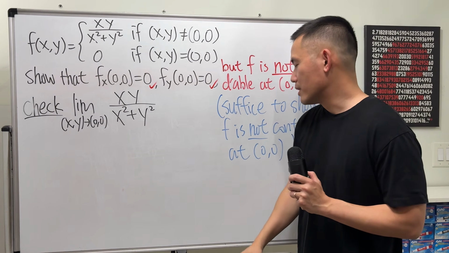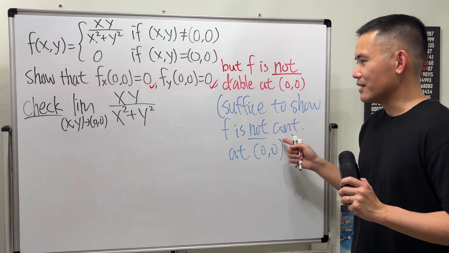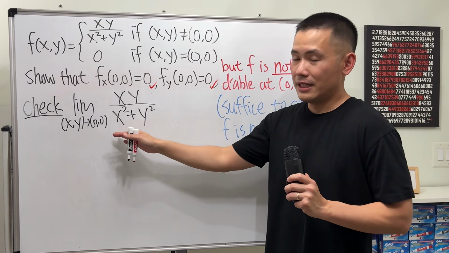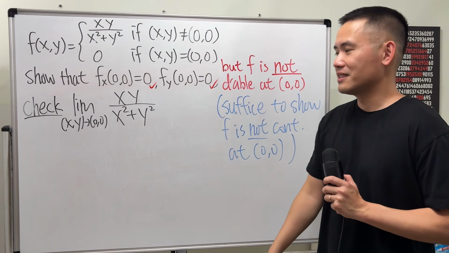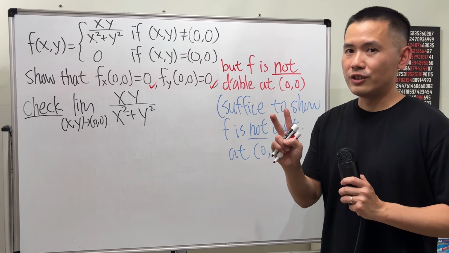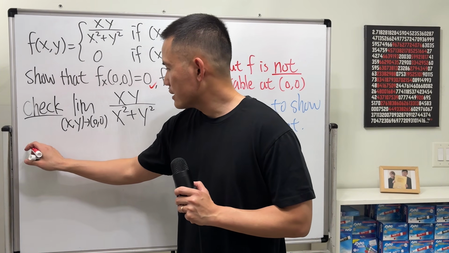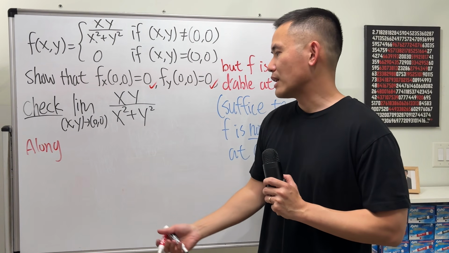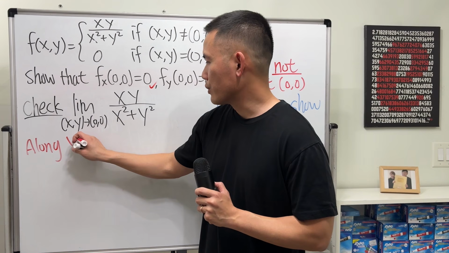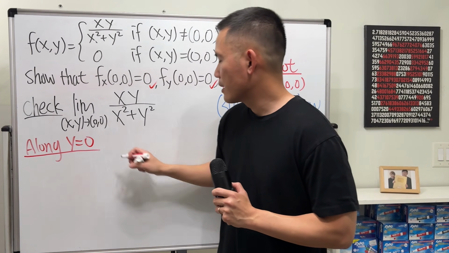Now, because we are going to show that f is not continuous, most likely the answer is not going to be 0. Most likely we have to show the limit doesn't exist. And to do that, we have to come up with two different paths. So let's go ahead and do it along the x-axis, which is just y equal to 0.